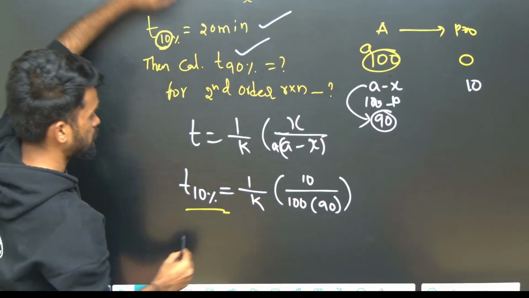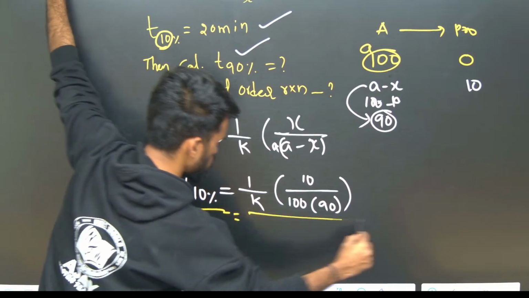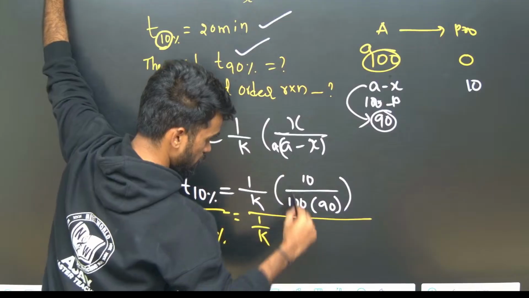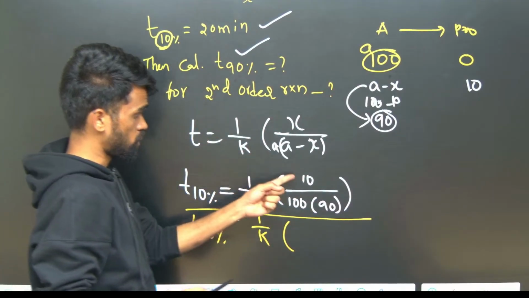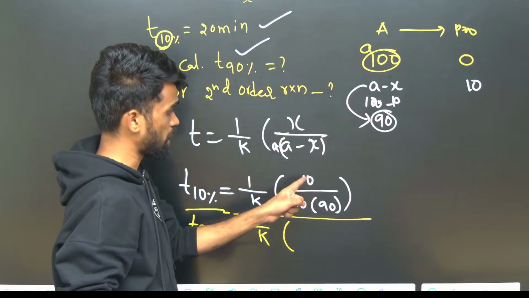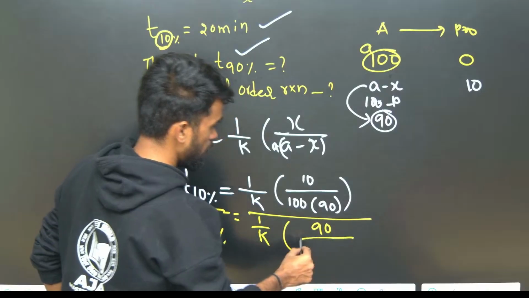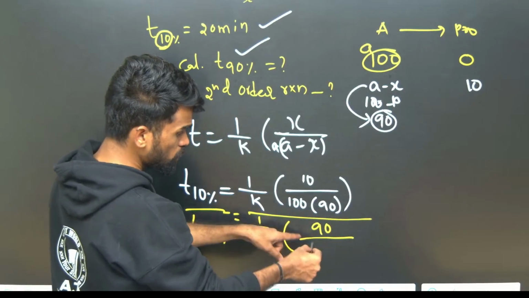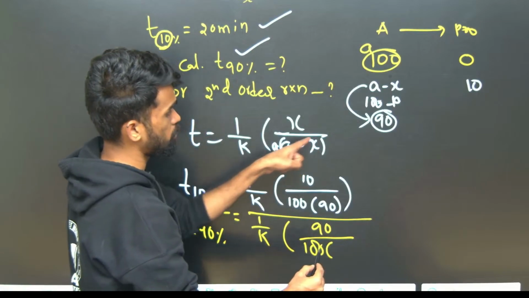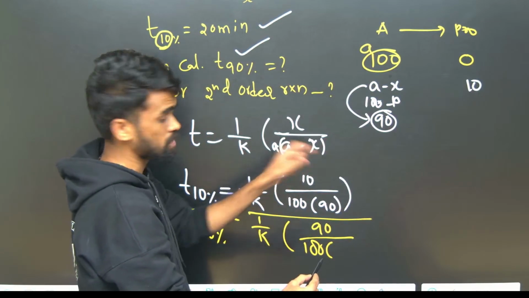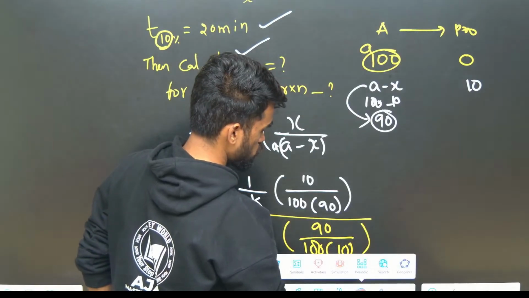For T 90%, it will also be 1 by k, and here x is 90% completed. Here for 10% you took x as 10; for 90% you take x as 90, and a is 100. 100 minus x, with x as 90, is 10. So put it here and try to simplify this.